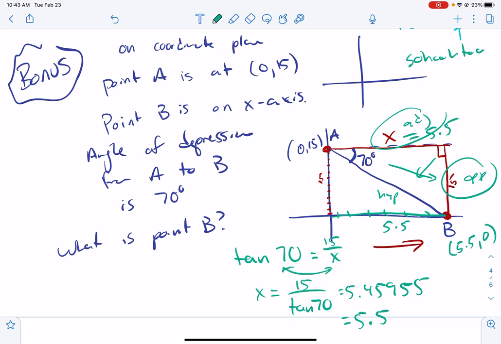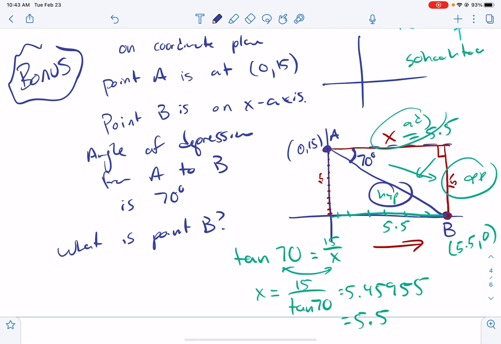Okay. So this idea, this SOH CAH TOA, this Pythagorean theorem, lets you solve all sorts of problems, whether it's on the coordinate graph, whether it's in real life. It gives you a lot of powerful tools that you use. In fact, from here, we could say, well, what's the distance between A and B?